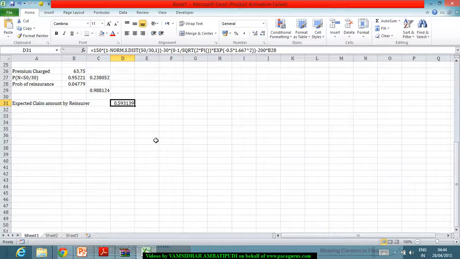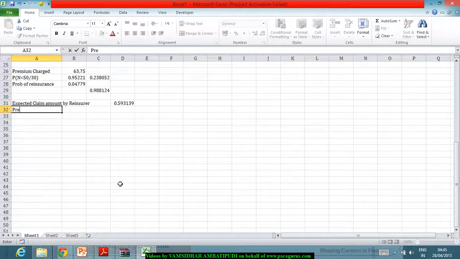That is the expected claim amount by the reinsurer. He is expected to pay a claim of around 0.59, but he is charging 120% as the loading. So the premium charged by the reinsurer is coming out to 0.59. This is the expected claim amount, right?